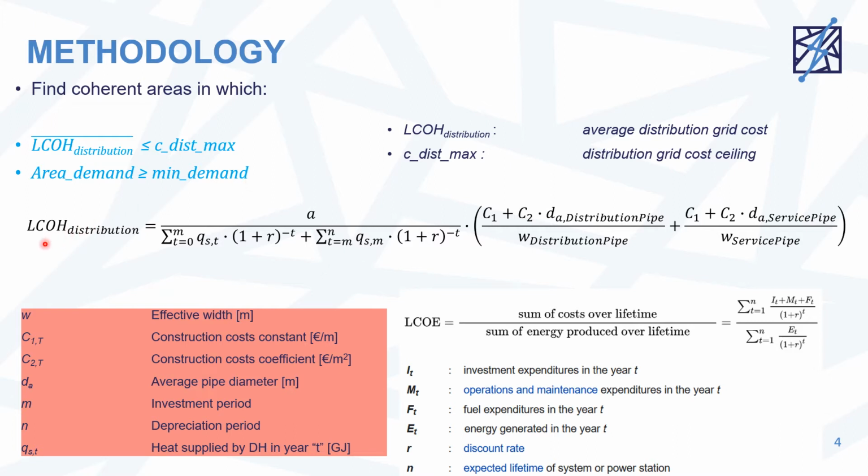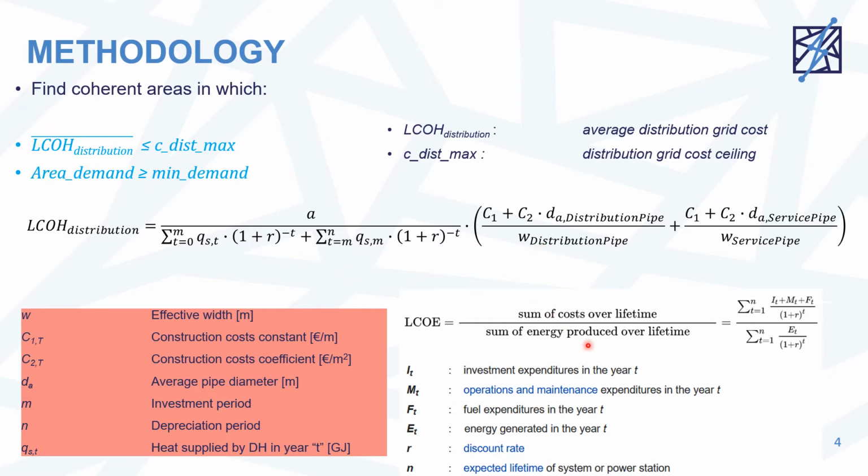For the calculation of levelized cost of heat for the distribution grid, we have the following formulation, where Q is the heat delivered in each year, C1 and C2 are the construction cost coefficients and constants, dA is the average pipe diameter, and W is the effective width of the district heating distribution pipes, which relates to the relation between area of the land and length of the pipes.